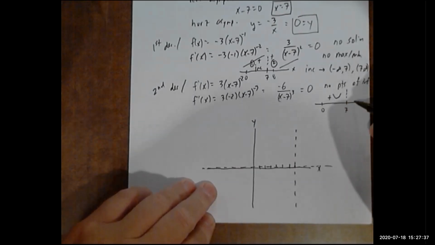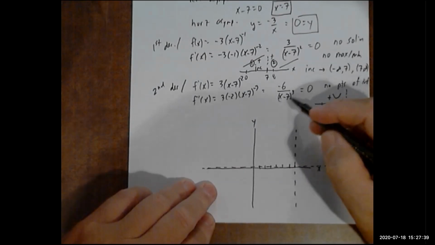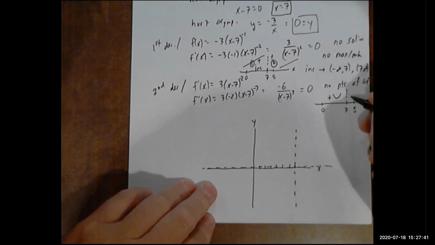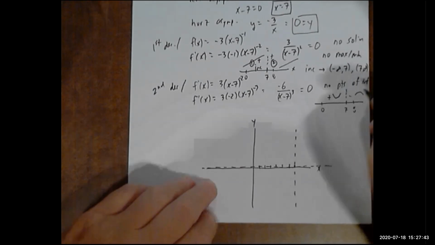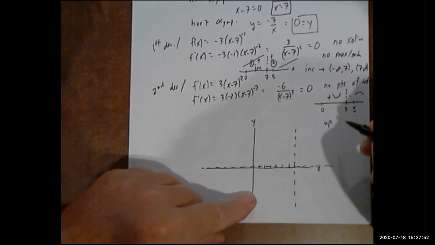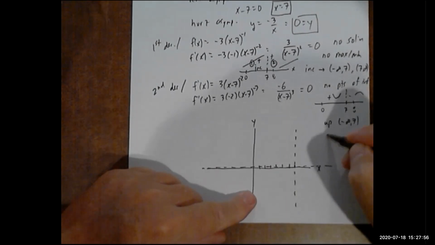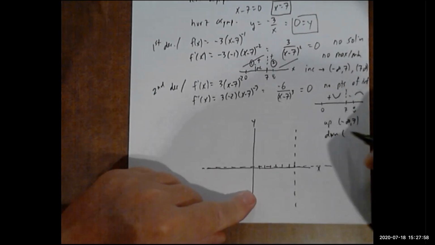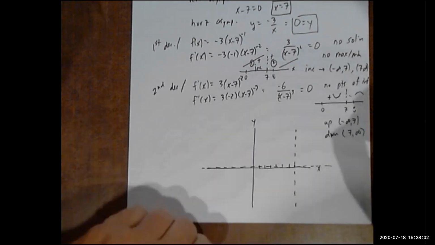Concave up. If I go look at 8, positive, negative, negative, concave down. So concave up is going to be from negative infinity to 7. Concave down is going to be 7 to infinity.